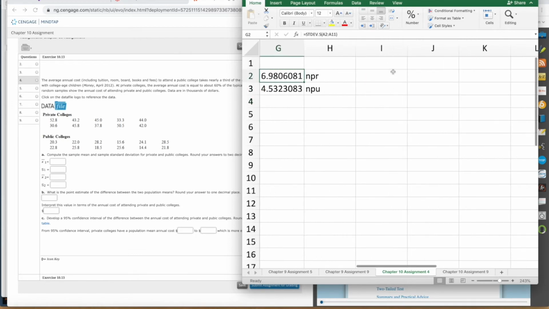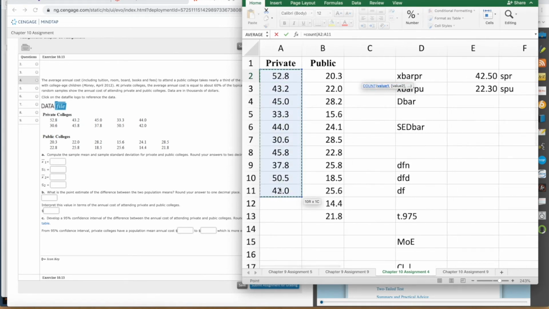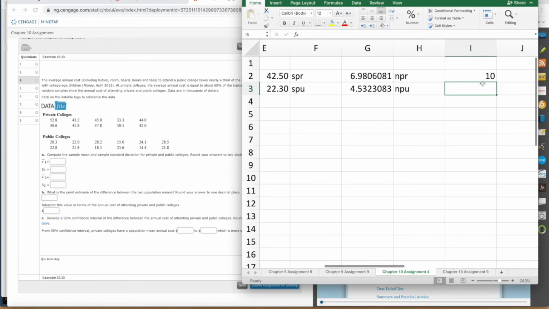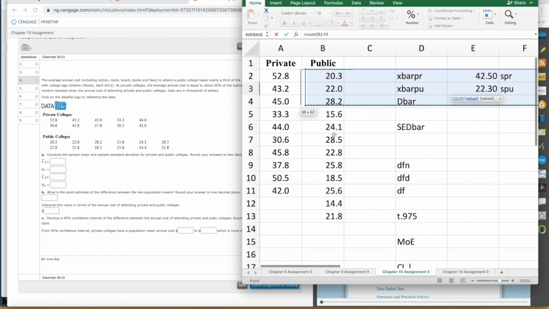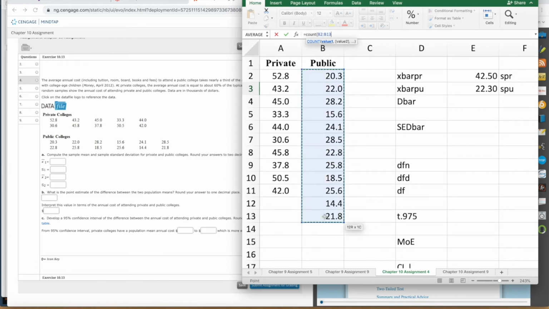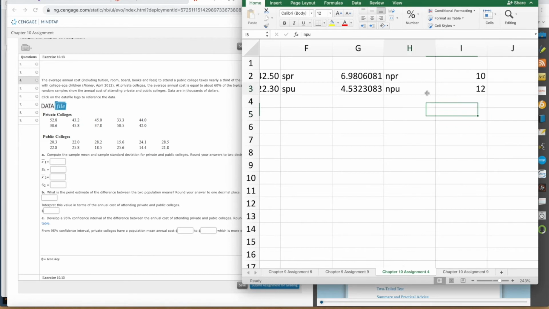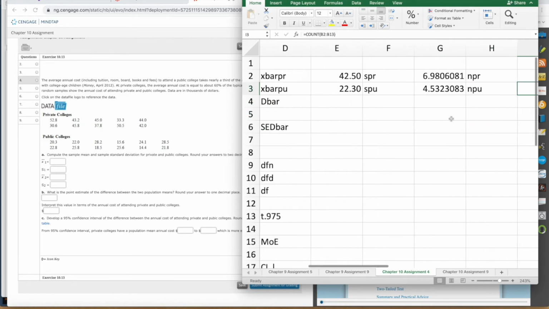We also want sample sizes, equals count. So we have 10 private colleges, and equals count, and we have 12 public. You don't want to be counting to 12.